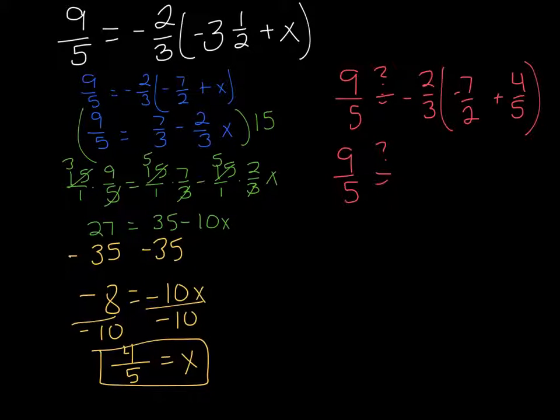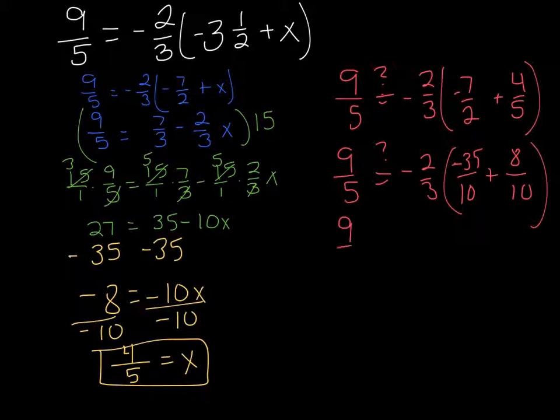Now before we can add these, we need a common denominator, which would be 10. 2 goes into 10 5 times, so 5 times 7 is 35. 5 goes into 10 2 times, so 2 times 4 is 8. And negative 35 plus 8 would be negative 27 over 10.